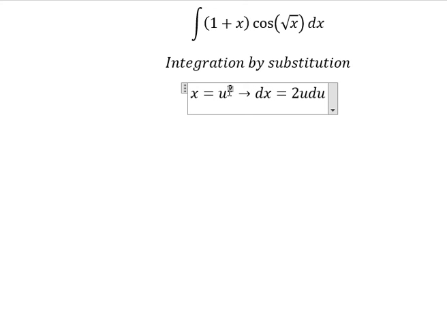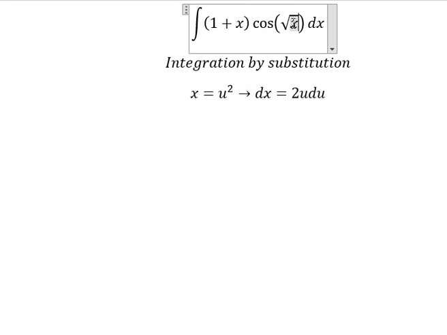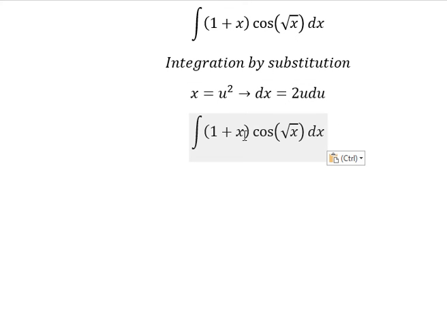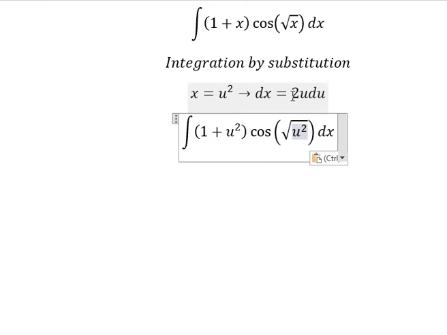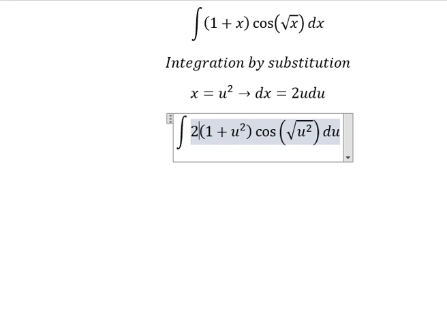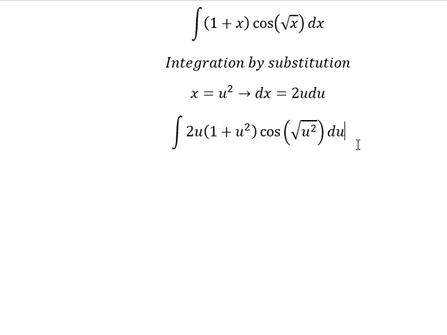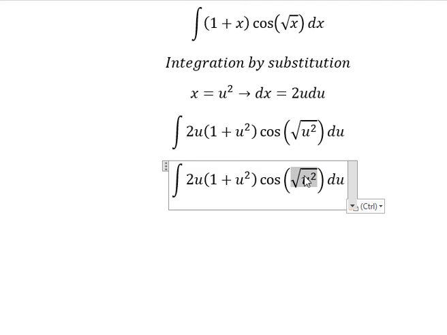The reason I need to put s equals to u square is because if we put this one in here, we can cancel the square root, and that is the reason why we need to do it this way. So about s we change for u square and u square. The ds we change for 2u du. This one you will got u.